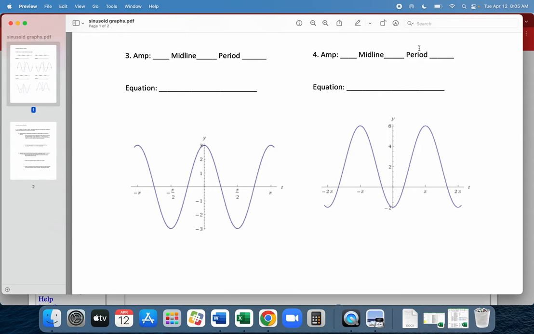So I'd have a 4 times cosine of theta, and then to make the midline higher, just like to move the vertex of a parabola up from the origin, just a +2 at the end. So you can see that the output from the cosine piece of this is as much as +1 or as low as -1. So the values for this are going to be between 4 + 2 and -4 + 2. So 6 and -2.